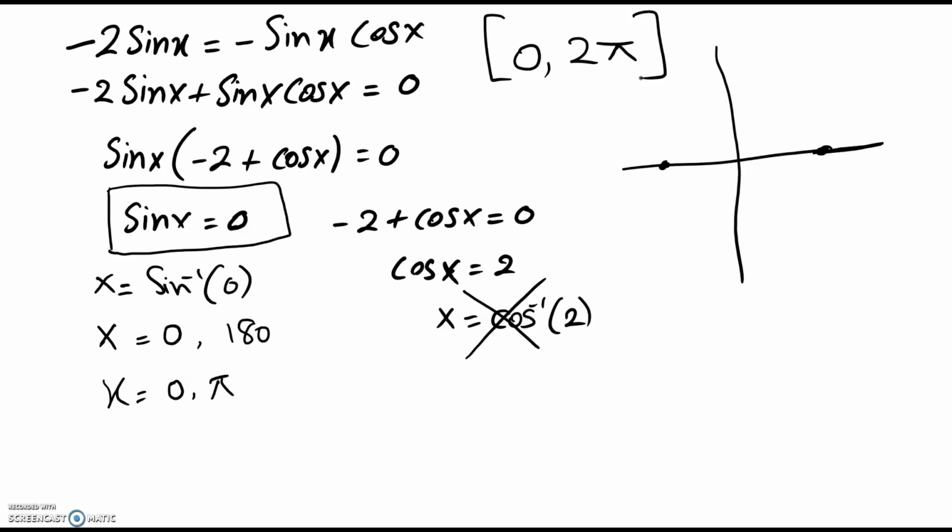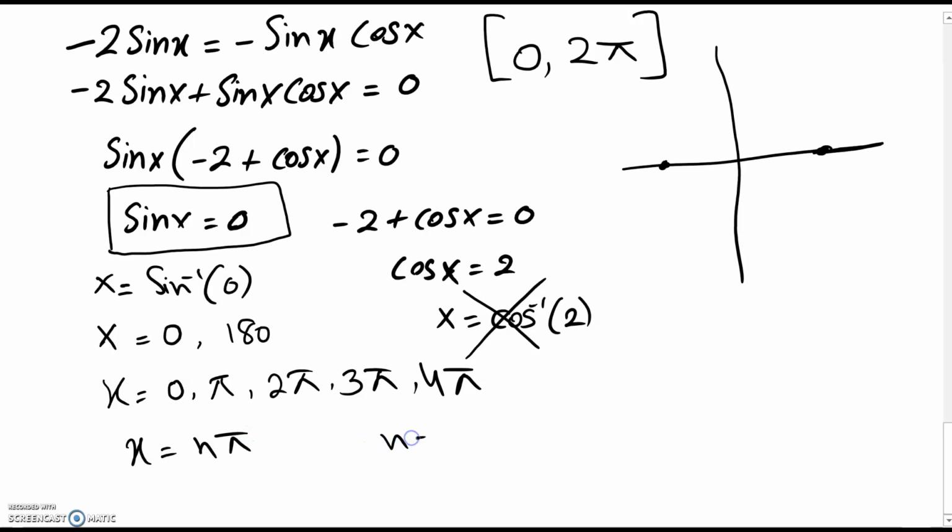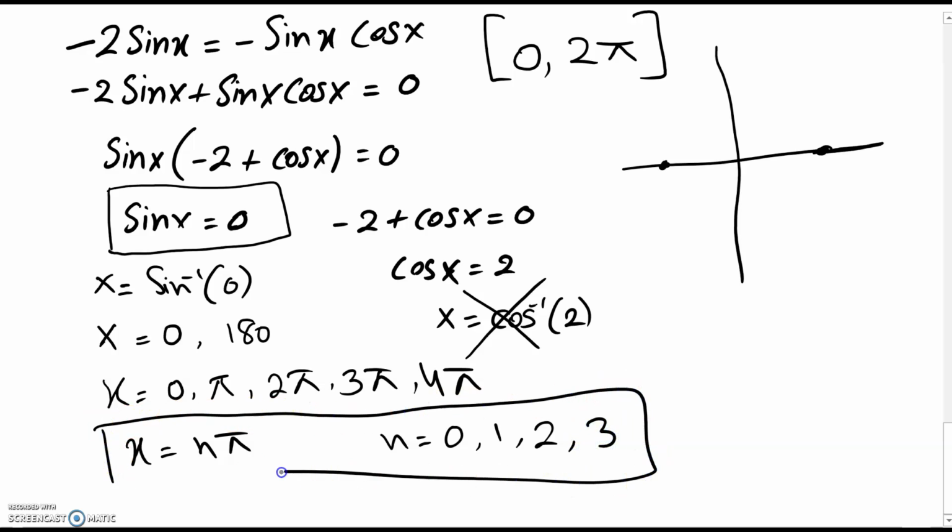If they ask about an infinite interval, then it will be 0, pi, 2 pi, 3 pi, 4 pi, correct? And if you want to write it in the nth form, then x equals n pi, where n is 0, 1, 2, 3. Okay, that will be the nth form.